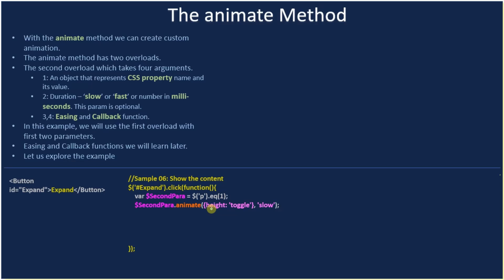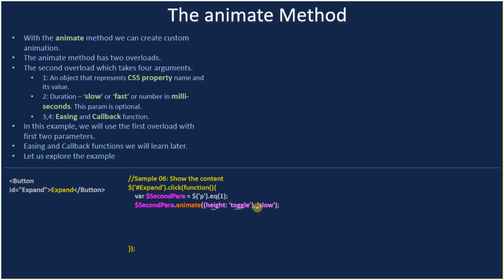So the CSS property name is height, and the value here we are giving is toggle. Instead of giving a fixed value, we state toggle. That means this will perform the toggle. The height will go from 0 to maximum height, then from maximum height to 0, right? Almost equivalent to slide up, slide down. So for the first parameter, we specified the CSS property along with the value within the curly braces.